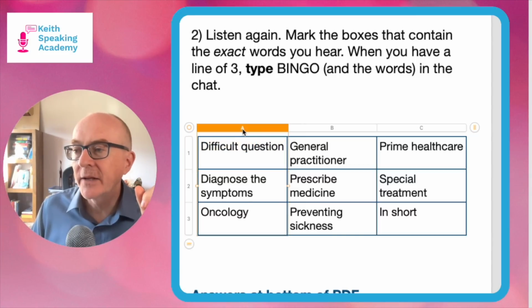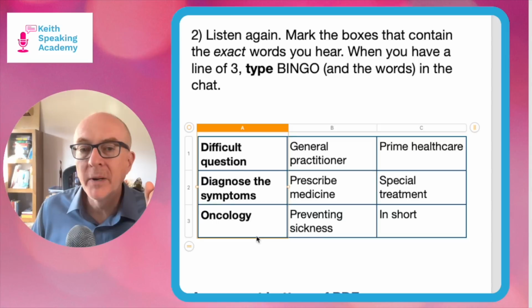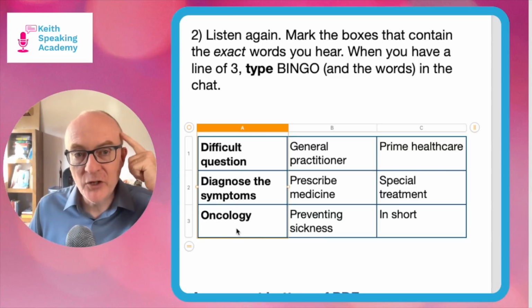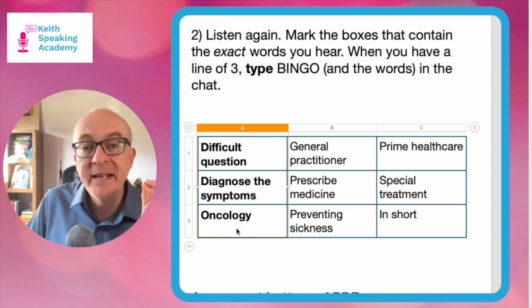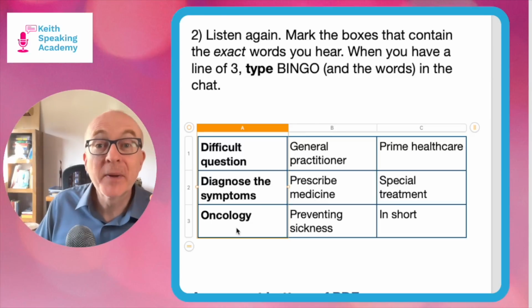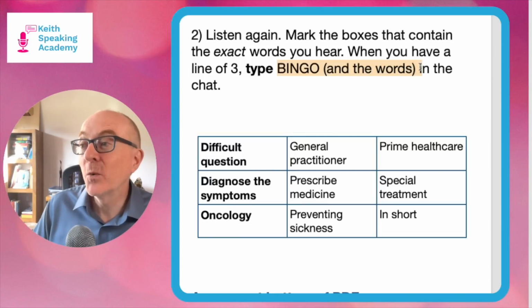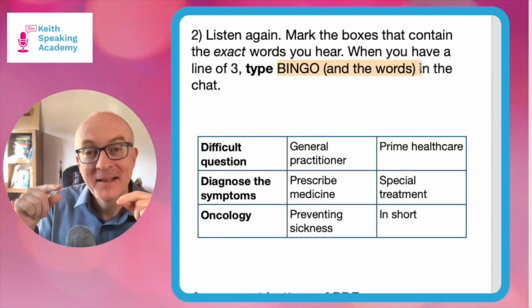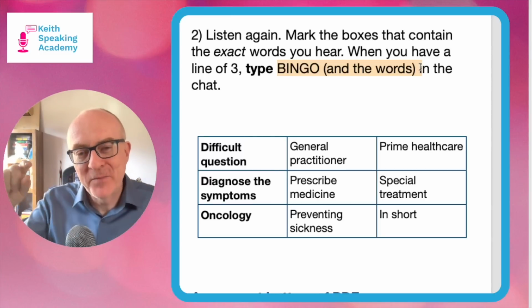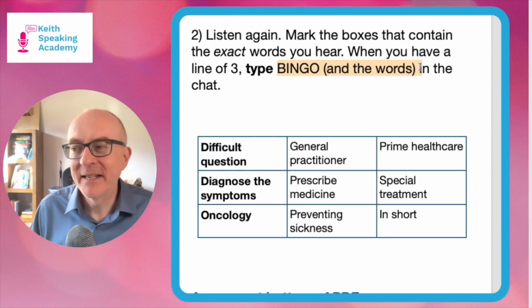And when you get like maybe 3 in a row, if you hear these 3, just in your head, mark it. And then in the chat, type bingo and the words. And it's the first person to type bingo and the 3 words in the chat.